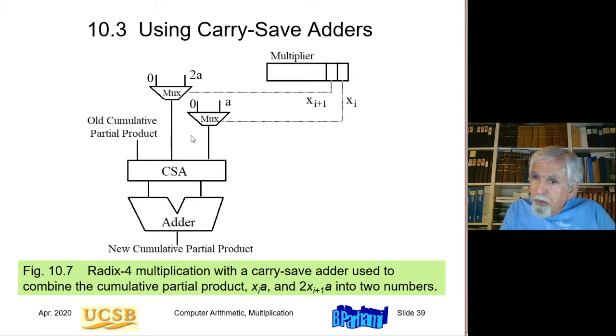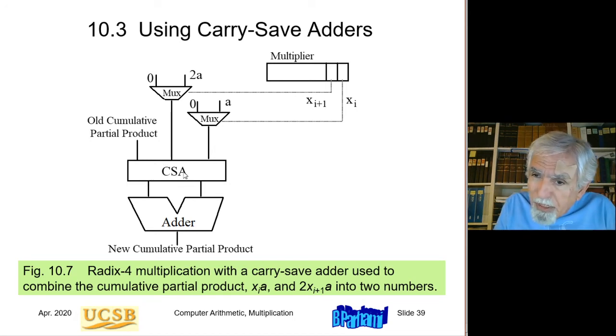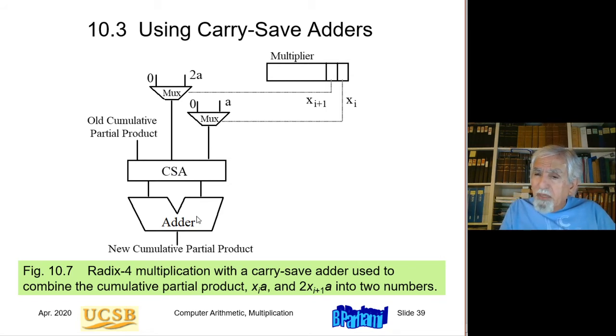And then I have 2 values that collectively represent the product of these 2 bits by A. I add that to the old cumulative partial product, so I have to add 3 things. And I can do this, as we saw in the multi-operand addition chapter, by a carry-save adder and a regular adder.